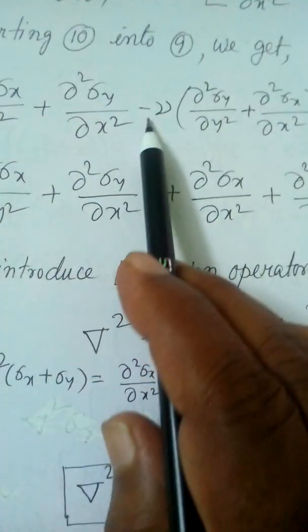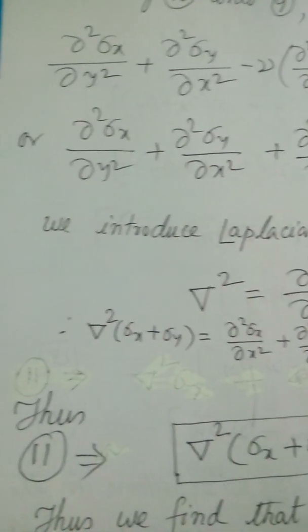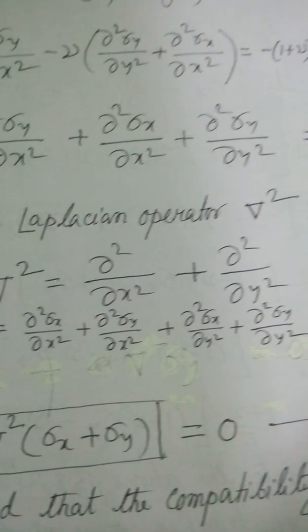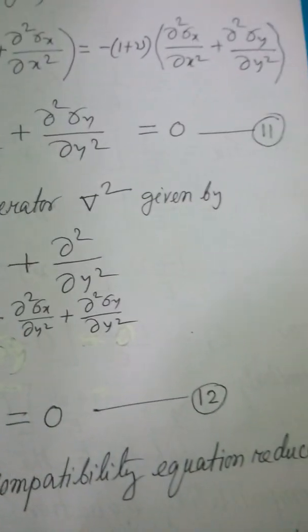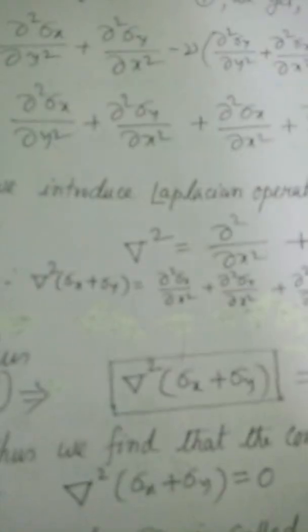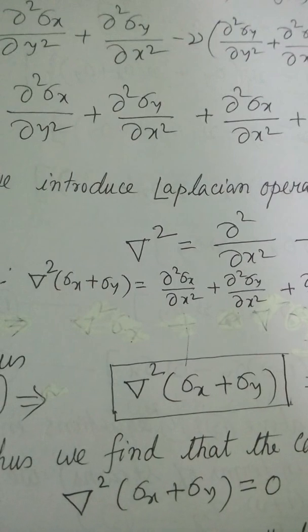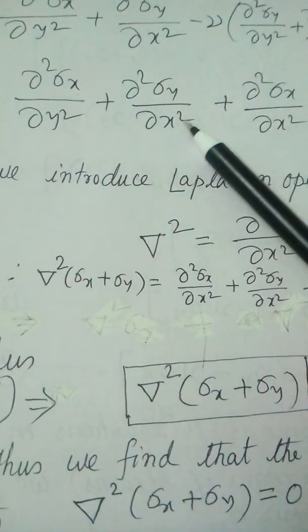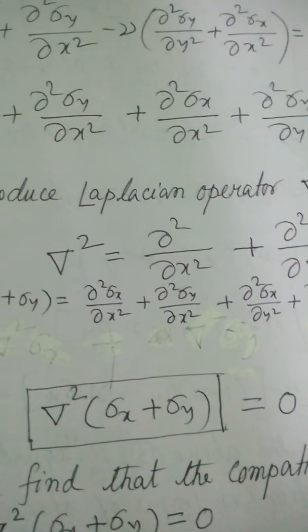This is the Poisson ratio. So we get equation number 11. This is an important equation, and we have got some similarity: only where it is x, this will be y, and where it is y, this will be x, in this way.